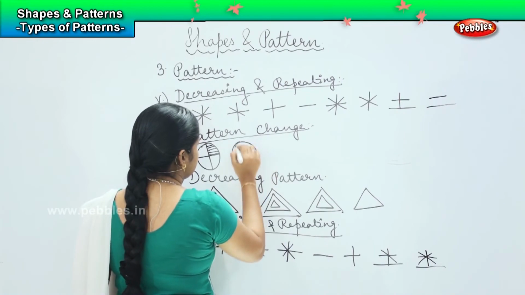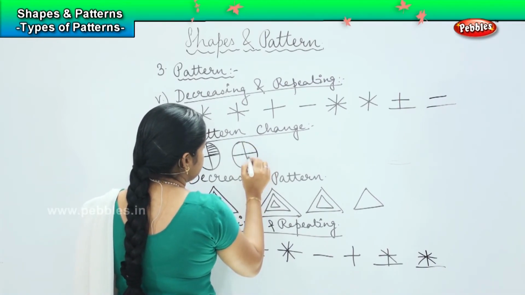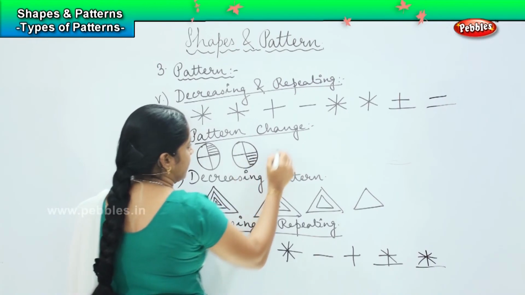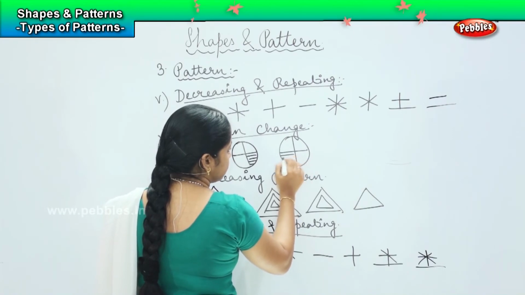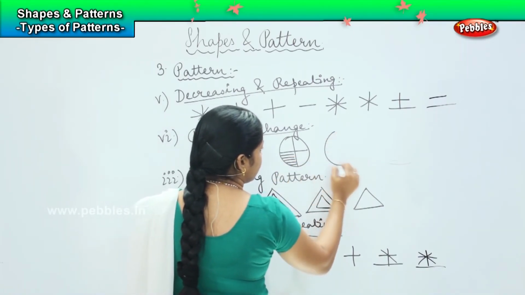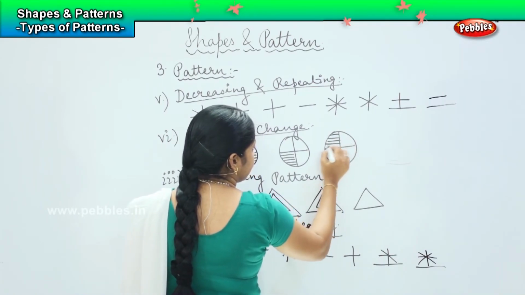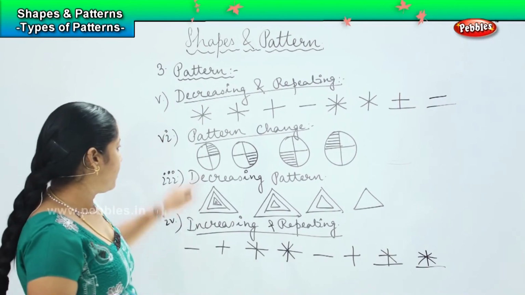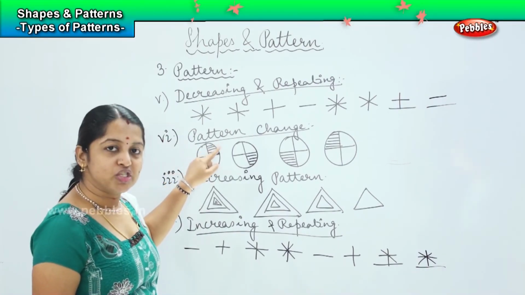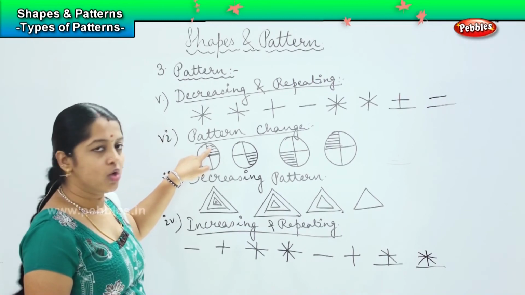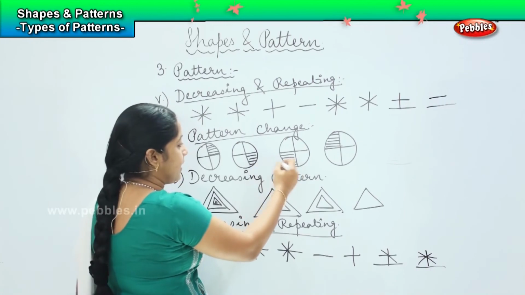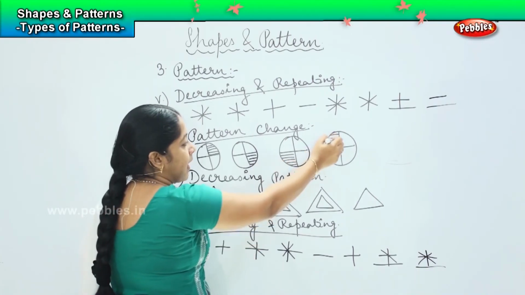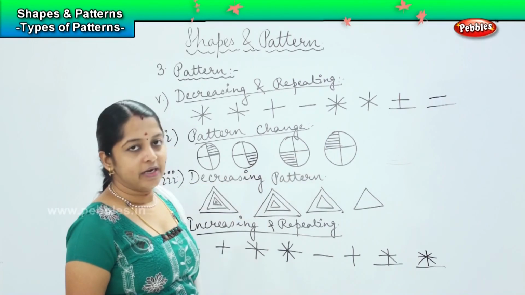The next one, I draw a circle and I shade this part. The third one, I draw a circle, I shade this part. The fourth one, I shade this part. So, what did you observe here, children? That the shaded part's position is changing, right? First, it was towards your right hand side top, then it came down, it came towards the left hand side bottom, and then it came to the left hand side top.